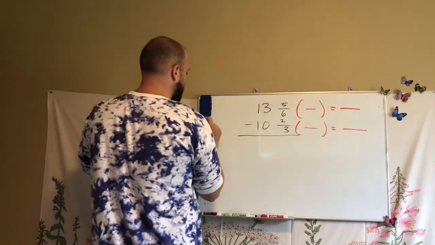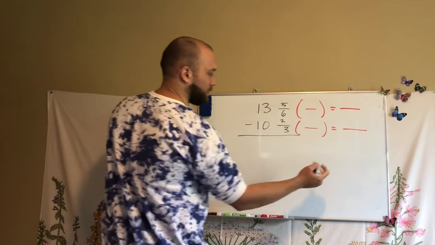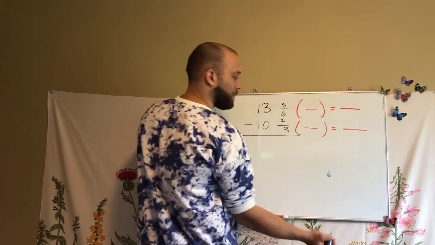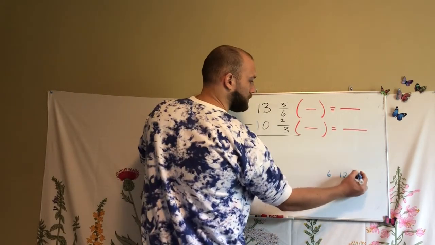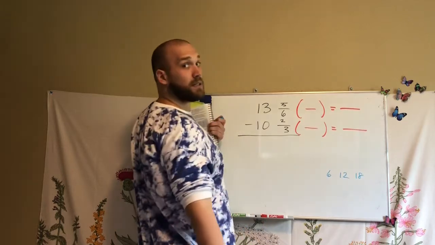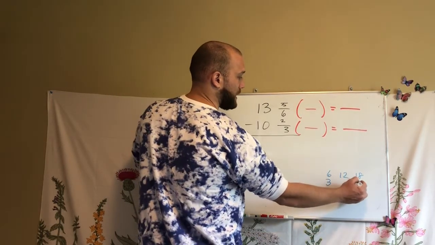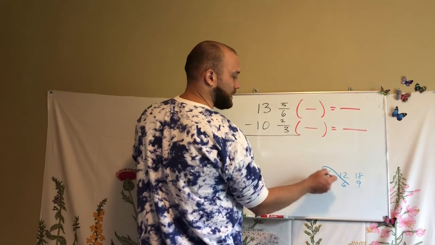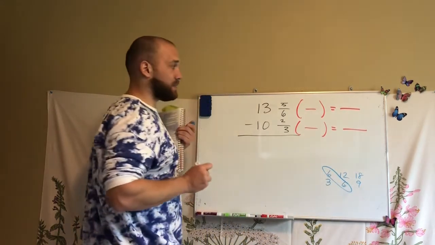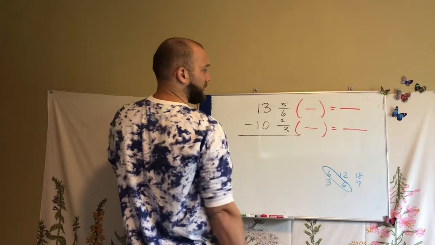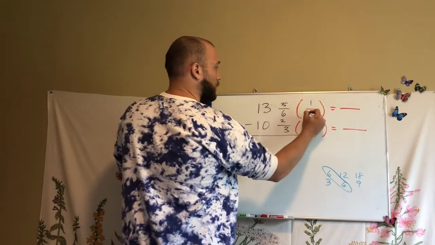Let's start with 6. 6, 12, 18. Now let's skip count by 3s. 3, 6, 9. What do they both have? Look at that. They both have a 6. Only had to count by 6 once, so this is going to be 1 over 1.